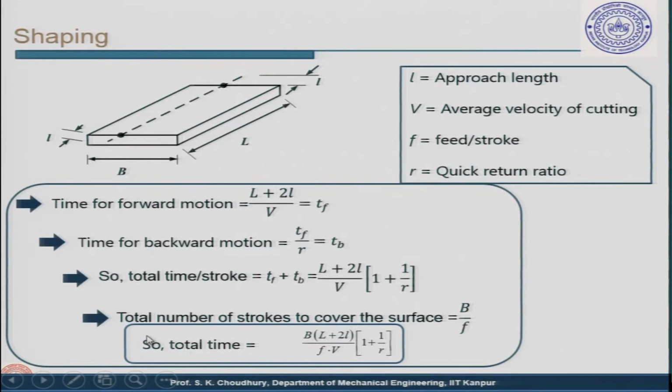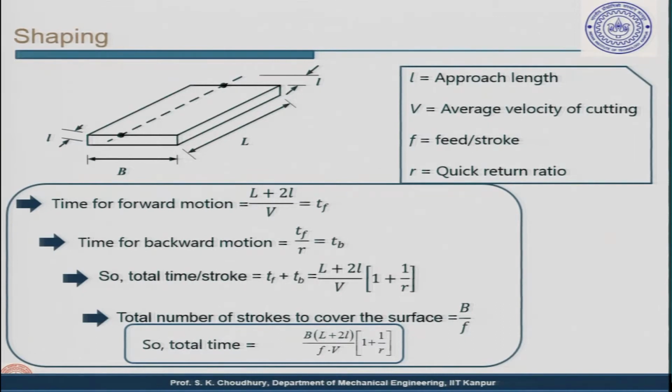Now, if you have to find out the number of strokes, how many times the tool has to come forward, remove material and go back, that depends on the width B, all right. So, it has to be multiplied by B because it is directly proportional to B, and therefore the total number of strokes to cover the surface will be B divided by whatever F we are giving, that is the feed we are giving.